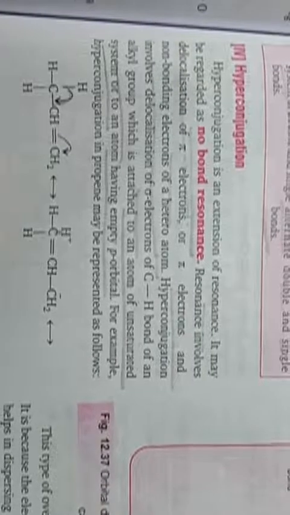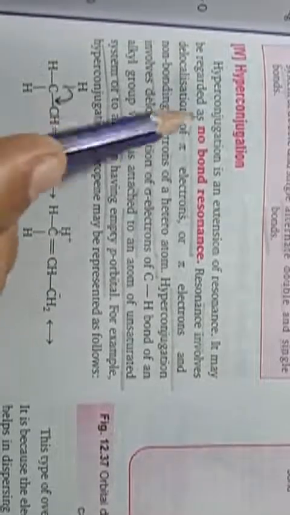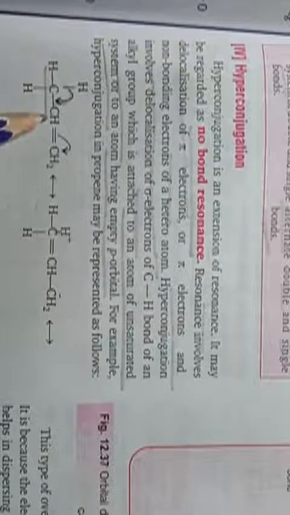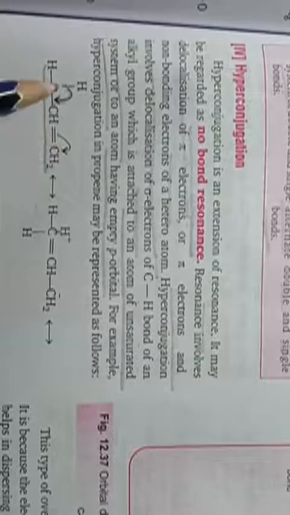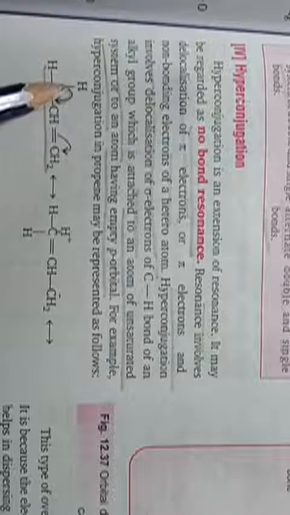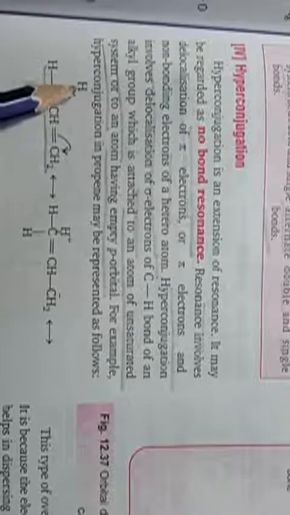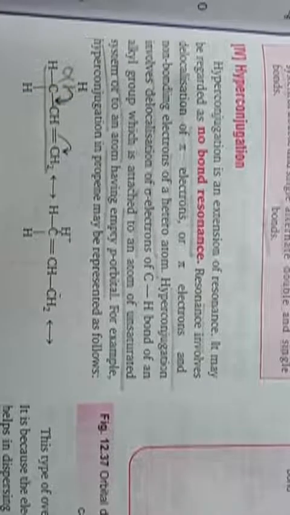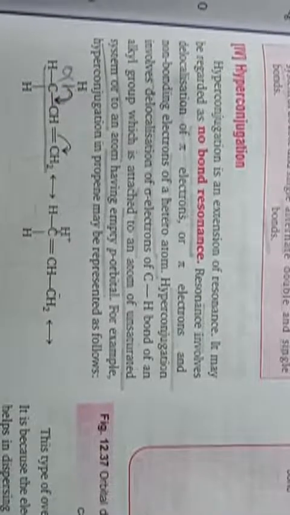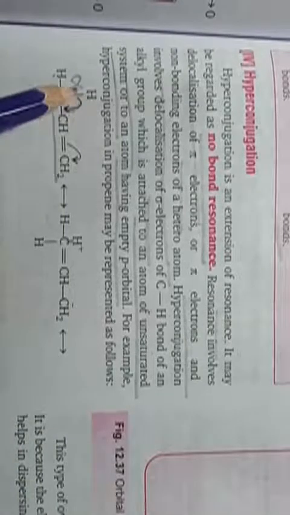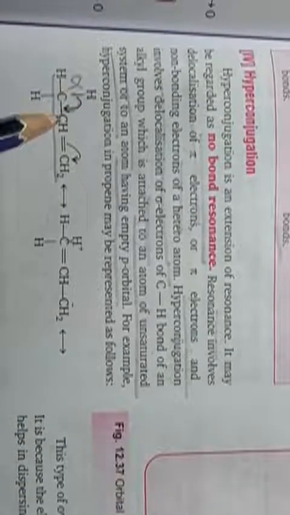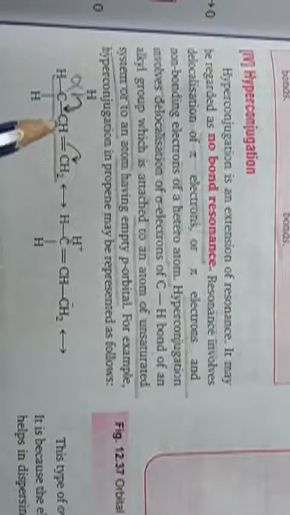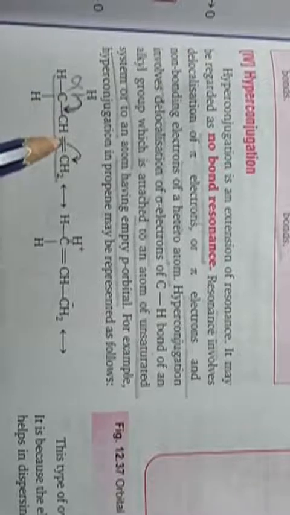Okay, so the most important point is that hyperconjugation is shown by such organic units which have a sigma CH bond in the form of an alpha sigma CH bond. Alpha sigma CH bond means the presence of such bonds at the adjacent position of the double bond or any other electron deficient site.